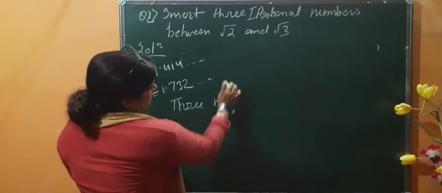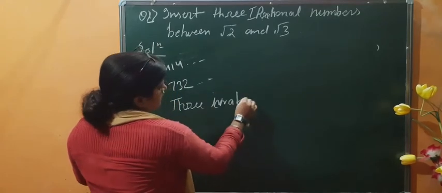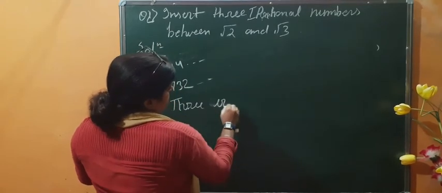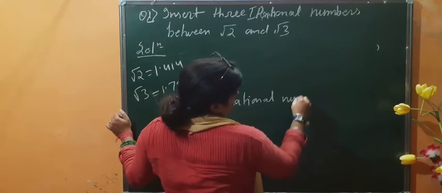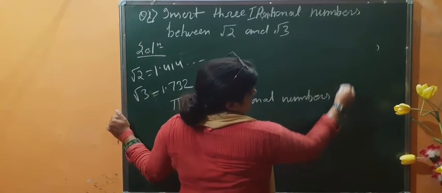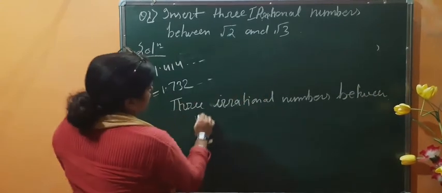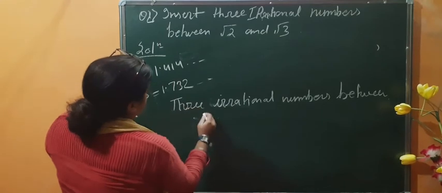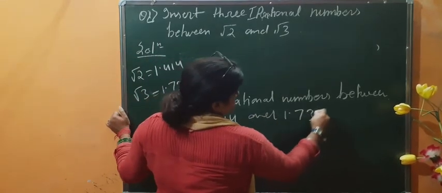3 irrational numbers between root 2 and root 3, or between 1.414 and 1.732.